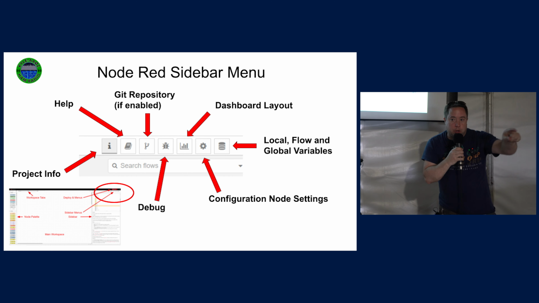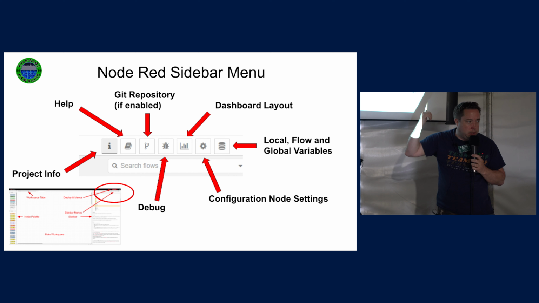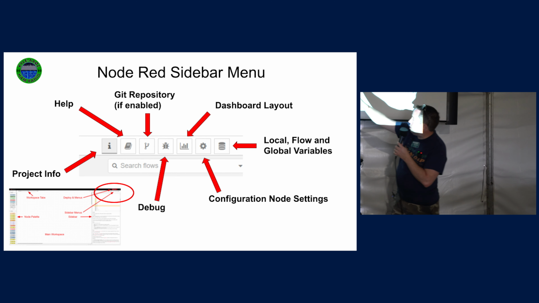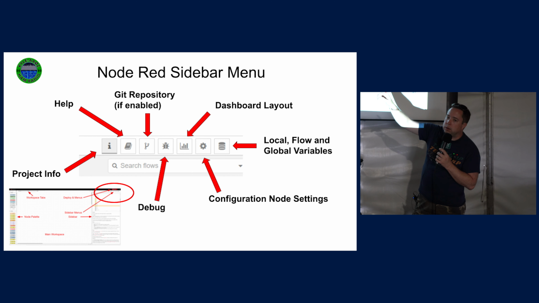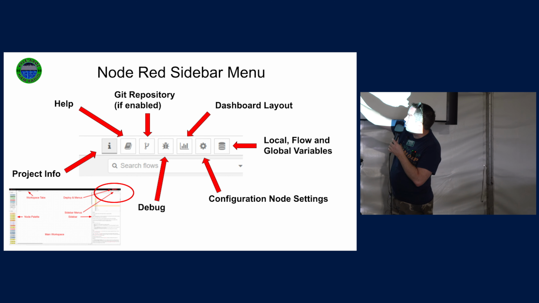So you can click on a node and then click on the help, and it will tell you what the parameters are, what it's looking for, what its input is, what its output is, and then probably give a web page that you can go and get some more information. I use that every single day on trying to figure out what I'm doing wrong or get some more information about a node. We've got the GitHub repository, so if you like to develop and you want to download a flow and then push it back up to GitHub, that's there.